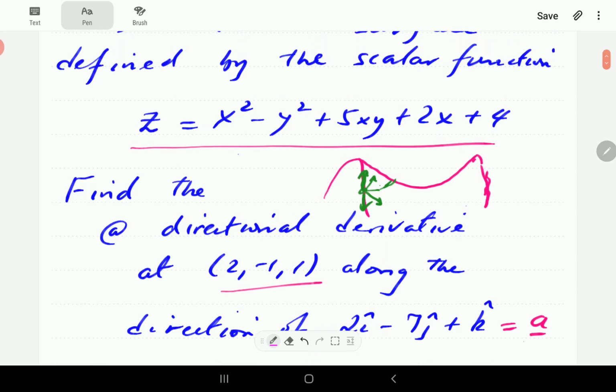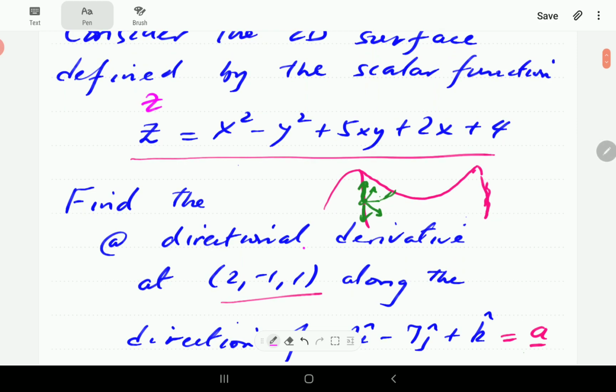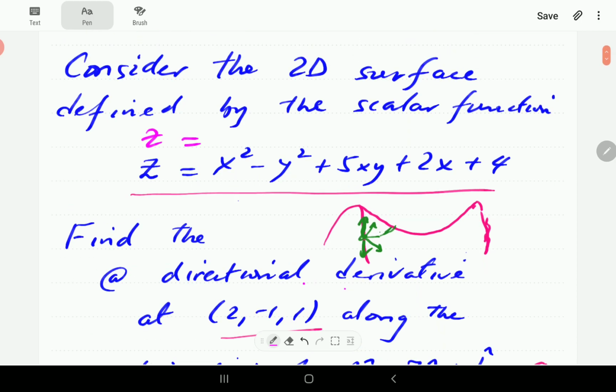So for your question, you're going to work with the scalar equation 7 minus x squared minus y squared plus x minus 5y.